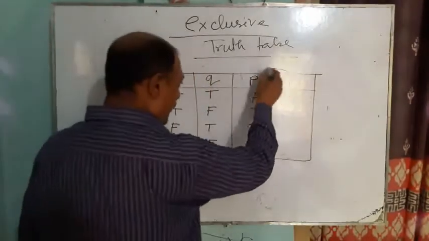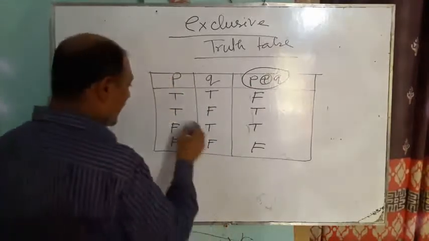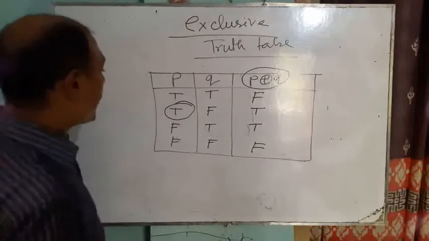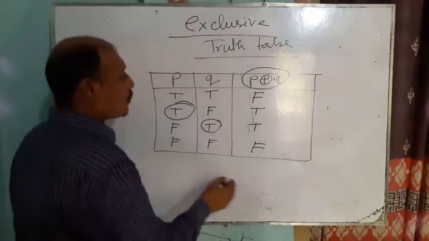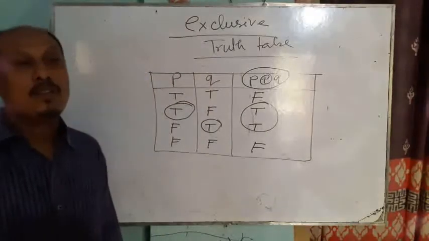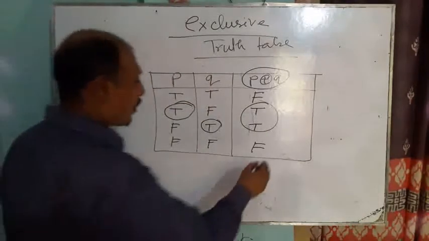P exclusive Q is true when exactly one of P and Q is true, then P exclusive Q is true, otherwise false.